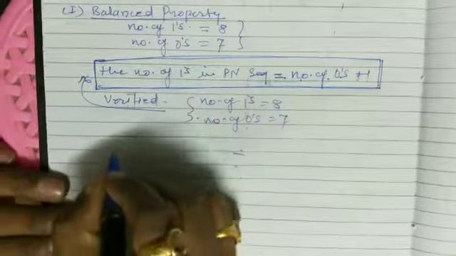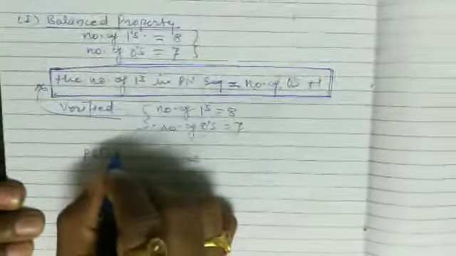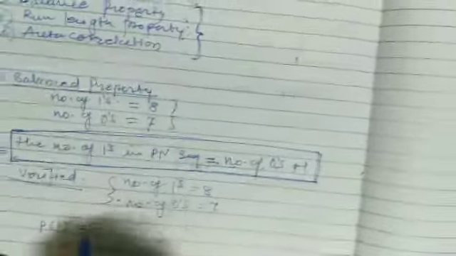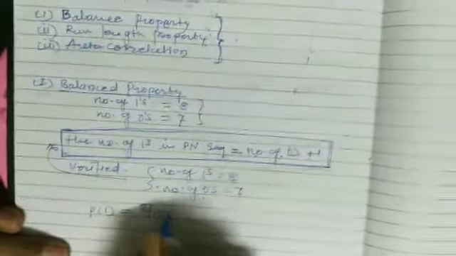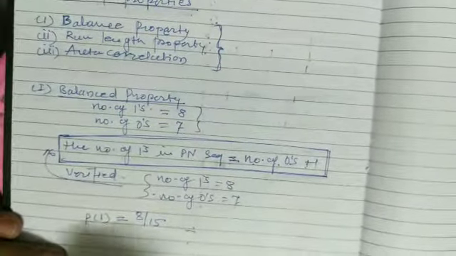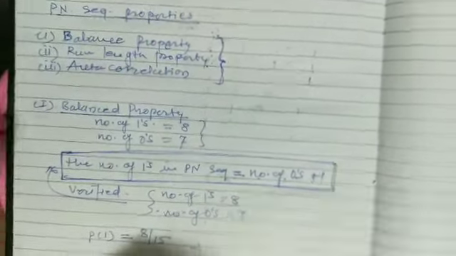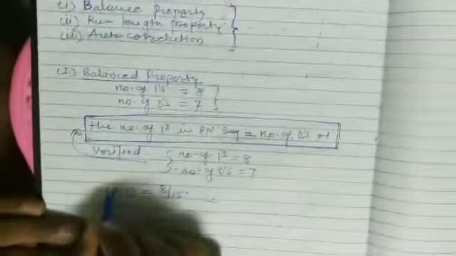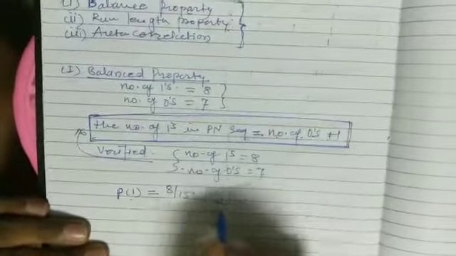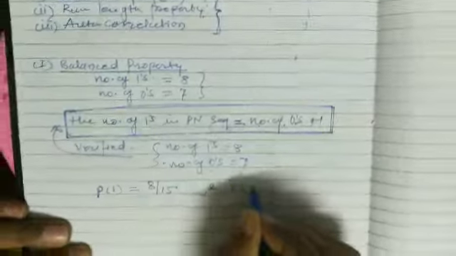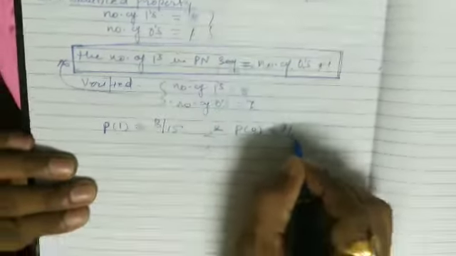Moreover, if we talk about probability, for this example, P of 1 is 8 by 15, since we get 8 ones out of these 15 elements, and the probability of getting 0 is 7 by 15.